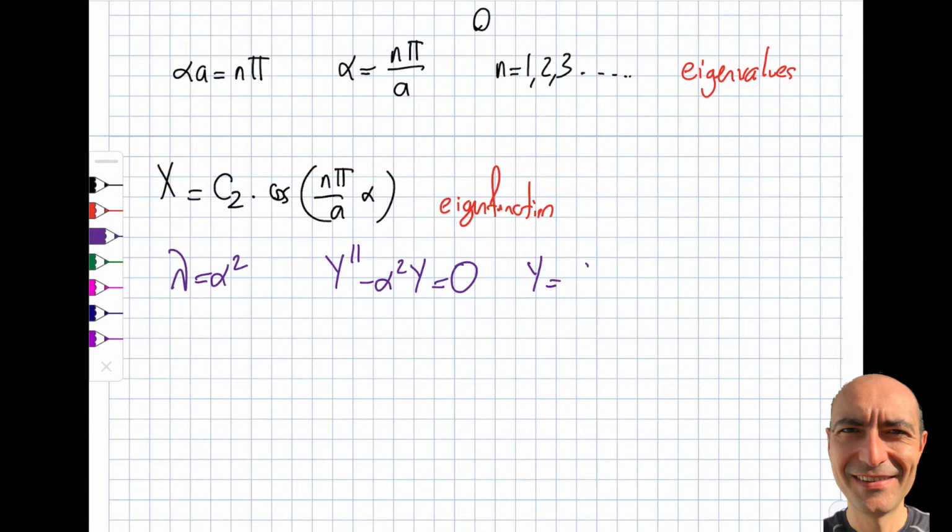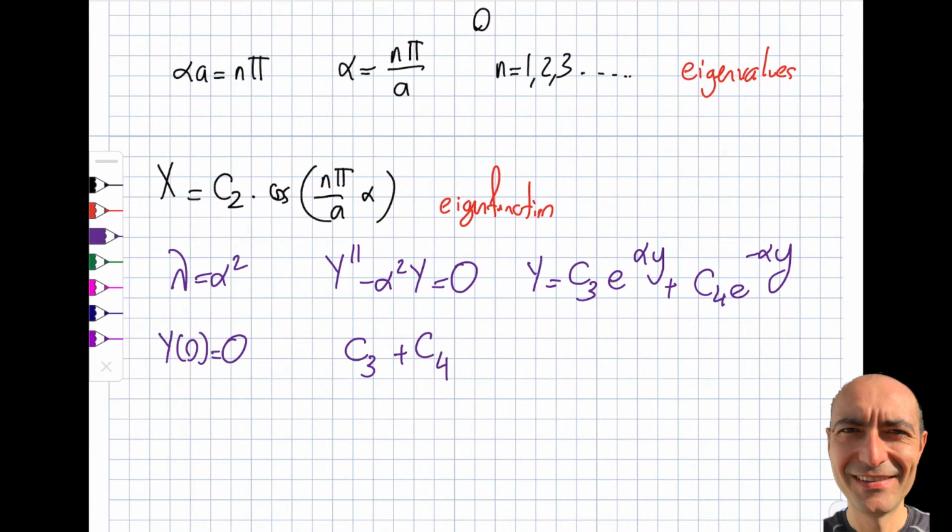So from here I get y is equal to c3 e to the alpha y plus c4 e to the minus alpha y. This is extremely similar to what I had for alpha is equal to a negative value case when I'm dealing with extraction. Okay, but this time I have this boundary condition, not initial condition. So from here you will see that I'm going to get c3 times e to the power of 0 is 1 plus c4 times 1 is equal to 0.